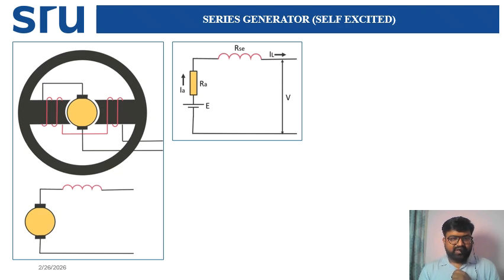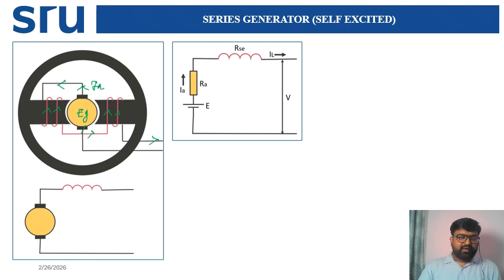The armature winding is this one and the red lines are the field winding. In the armature winding, EMF is generated. Due to the generated EMF, the armature current will flow in this direction, then it will go like this, again like this, and return.